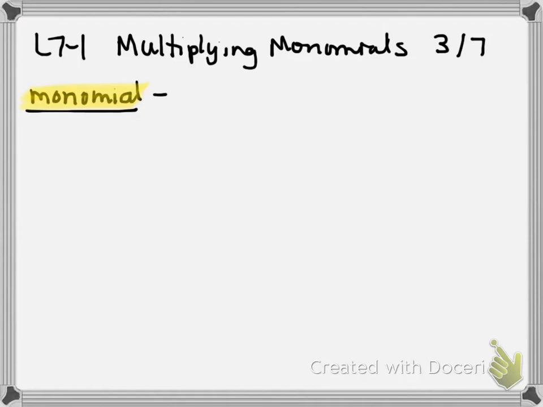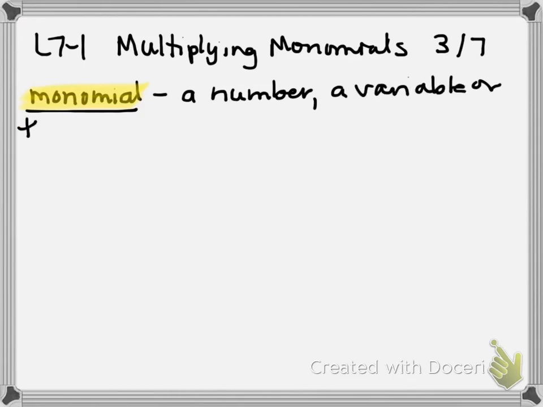So what is a monomial? Mono meaning one. Mono, one. So it's a number, a variable, or the product of a number and a variable.